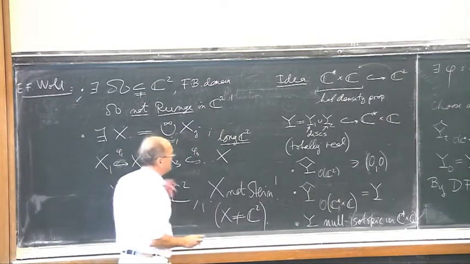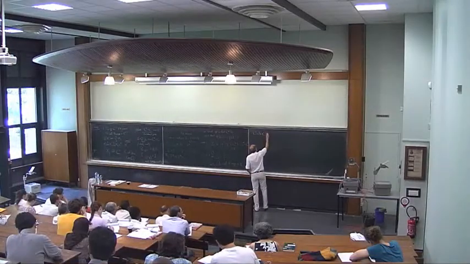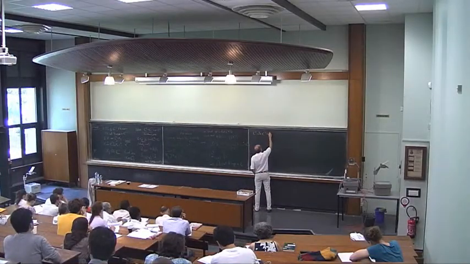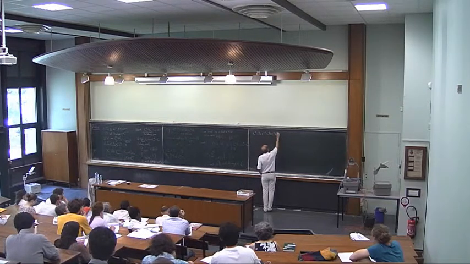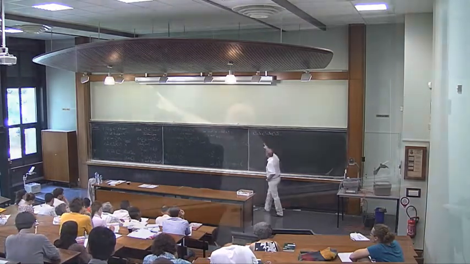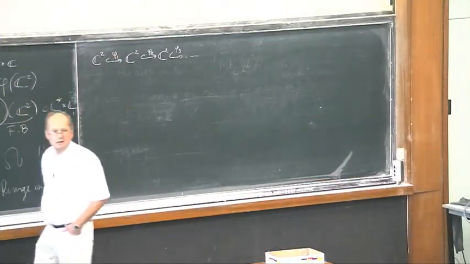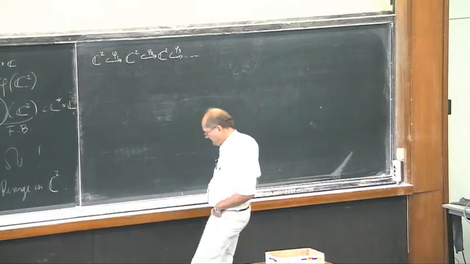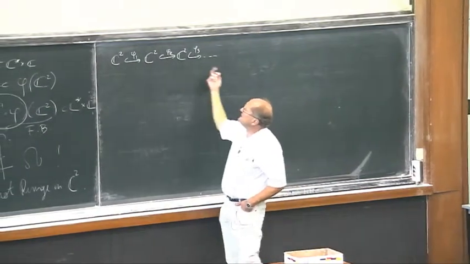So basically you just look at a collection of maps like that. And each of these maps is essentially like one of these here. And then you just think of these maps as inclusions in some sense.